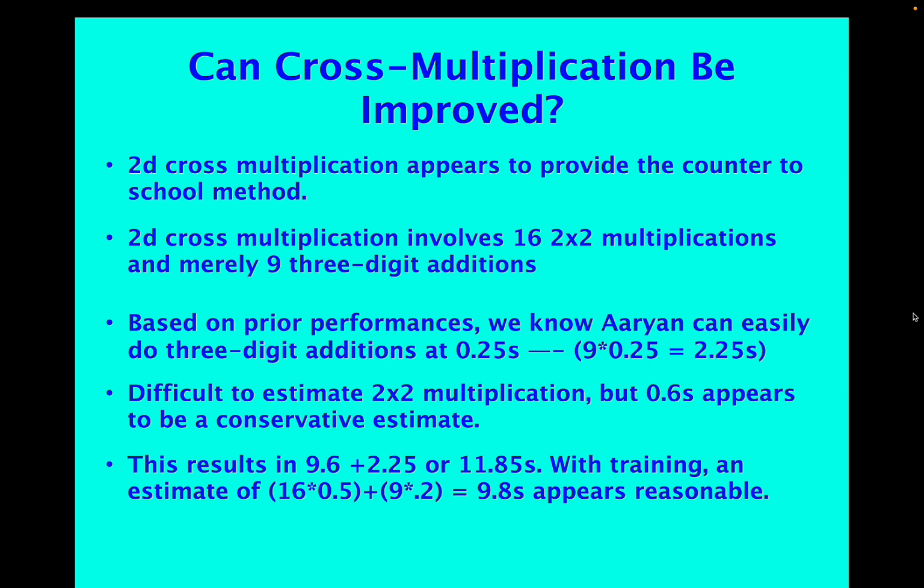So I think we're looking at more of a 0.5 seconds for the multiplications and a 0.2 for the addition for somebody who is very talented and has practiced significantly. That has resulted in a sub 10-second time, and I do believe further progress is absolutely possible, especially with the 2x2 multiplications if you have more or less memorized the multiplication table.